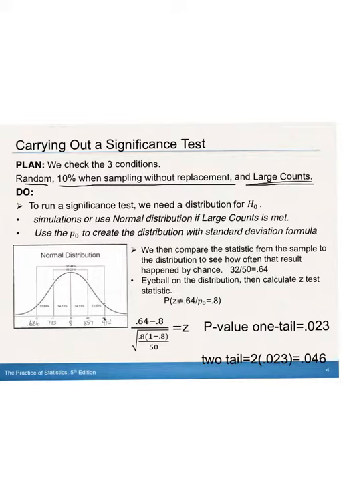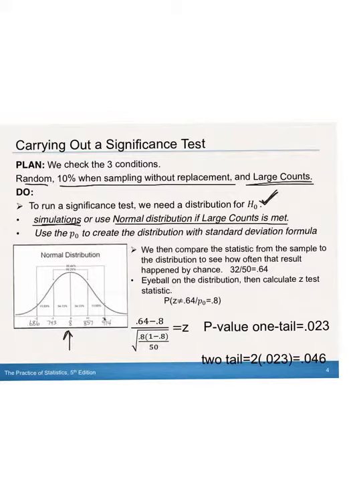To run a significance test, we need the distribution for the null population, for the null expectation, which in this case is 80. We've done this with simulations, and we've also looked at it with a normal distribution. Since the large counts condition is met, we can go ahead and create a normal distribution with p being the middle, and the standard deviation is the square root of p times 1 minus p all over n.